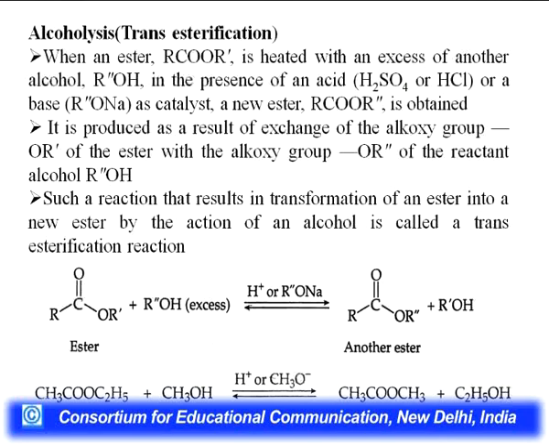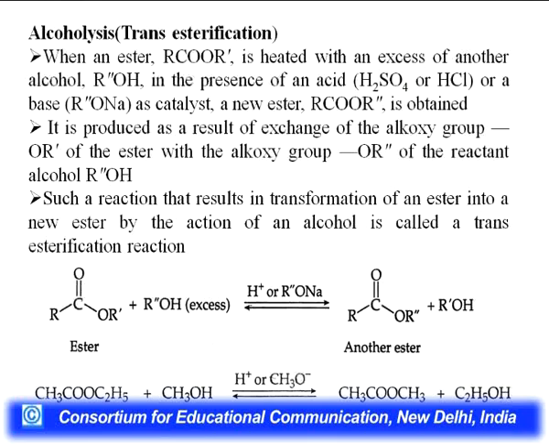It is produced as a result of exchange of the alkoxy group, that is the OR group of the ester, with the alkoxy group of the reactant alcohol. Such a reaction that results in transformation of one ester into a new ester by the action of an alcohol is called a transesterification reaction.